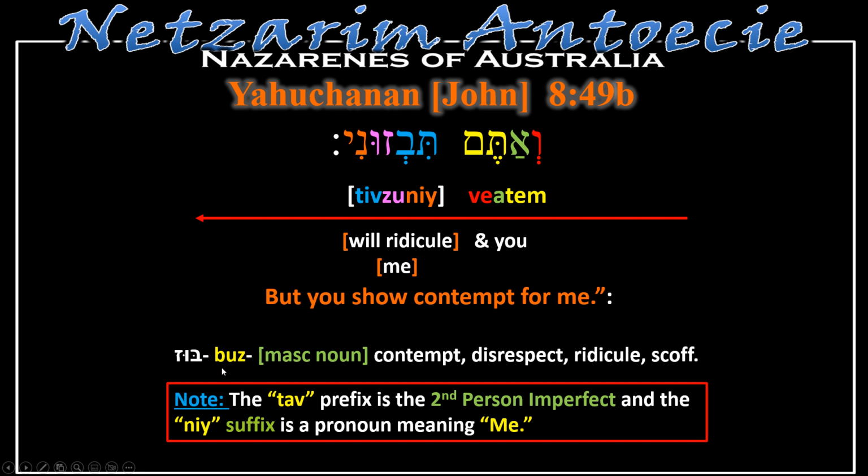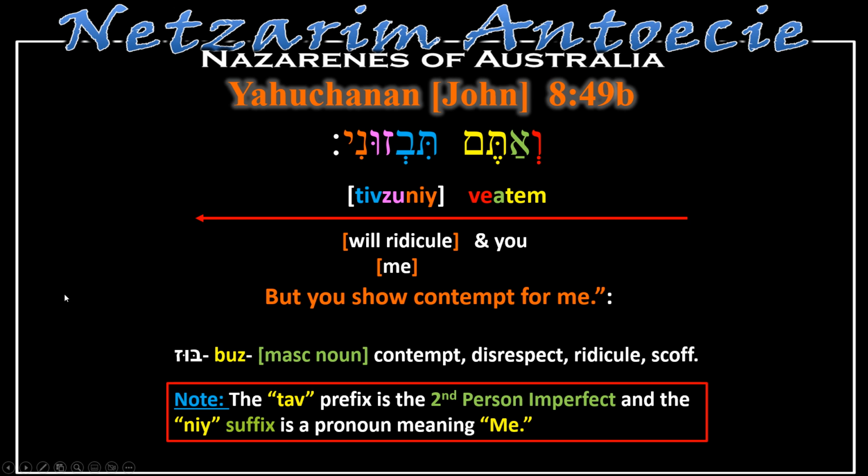So if we look at the root, it is buz. Buz is a masculine noun meaning contempt, disrespect, ridicule, scoff. And of course I've given you a note here, the tav prefix is a second person imperfect, and the ni suffix is a pronoun meaning me. So, will ridicule me.